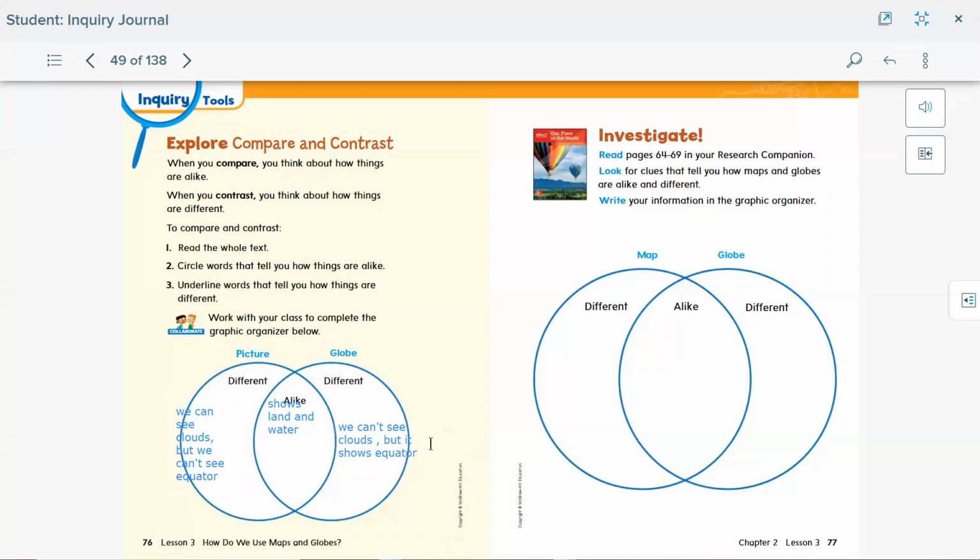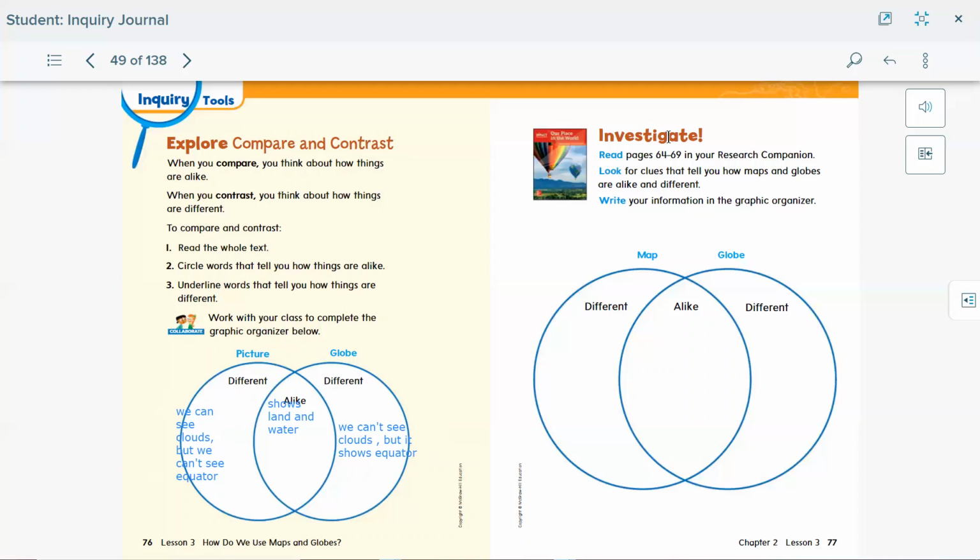Okay, so they're alike in both the picture and the globe. We can see land and water, but for the picture, we can see cloud, but we can't see the equator. For the globe, we cannot see the cloud, but we can see the equator.